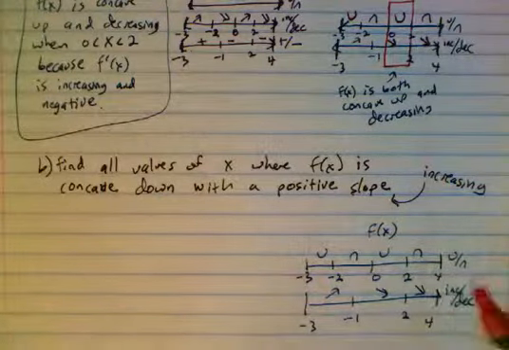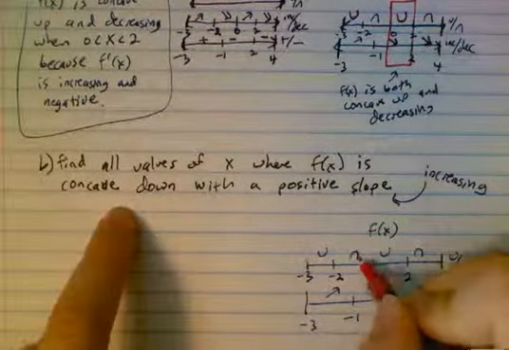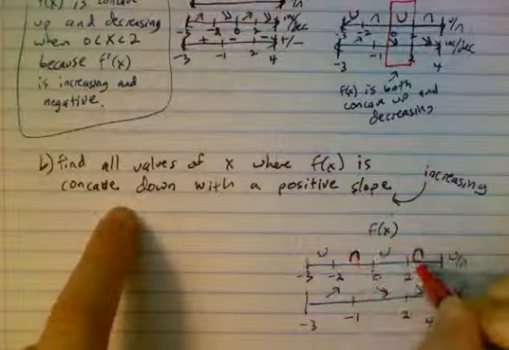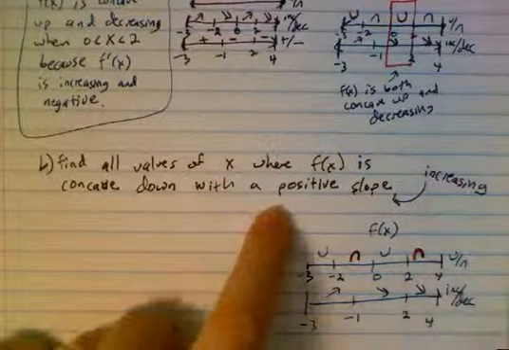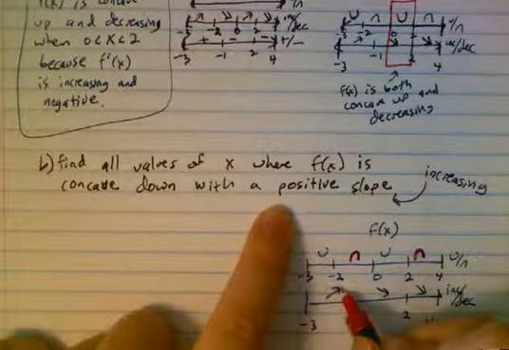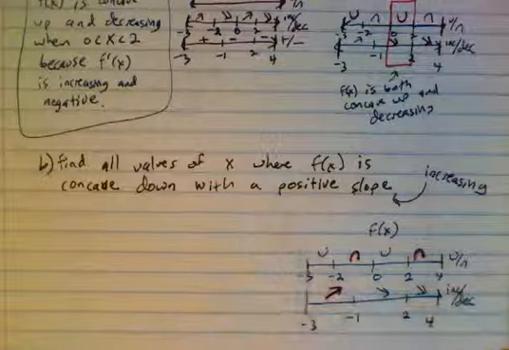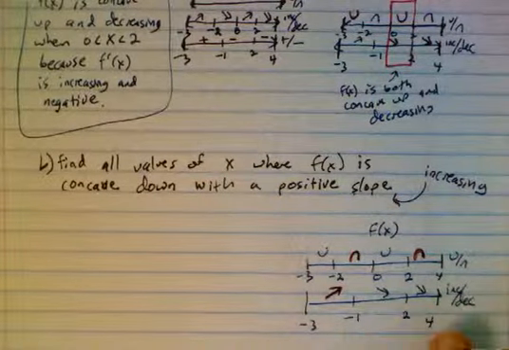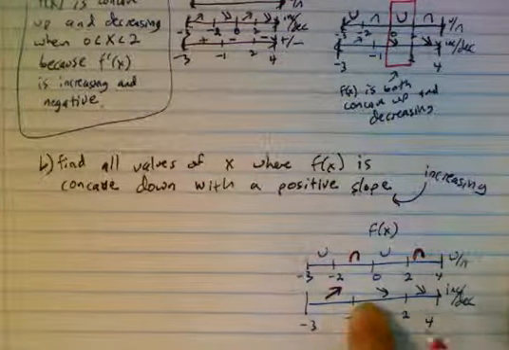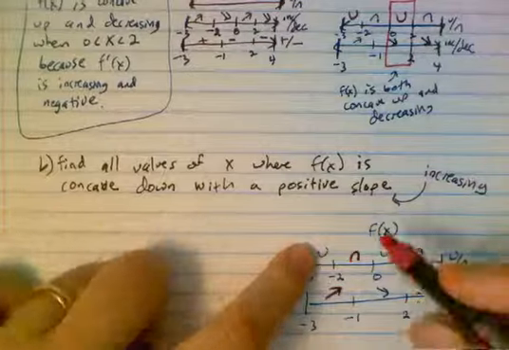It's simply that this time we're interested in where f of x is concave down. So that's those two spots, and increasing. So when we look over here, we're not going to use any of this because it's not increasing. We're not going to use this piece because it's concave up.